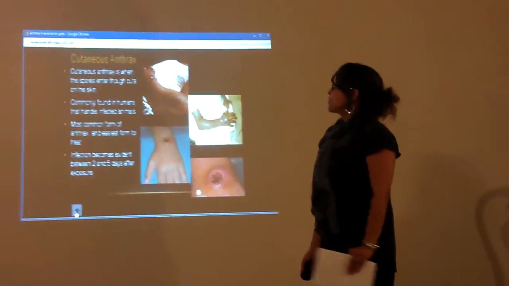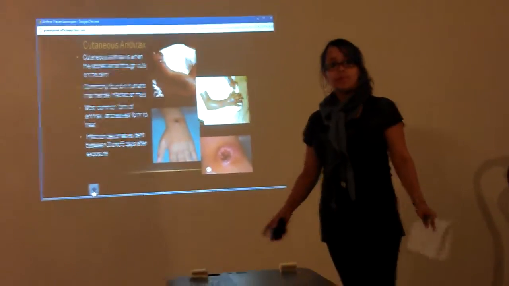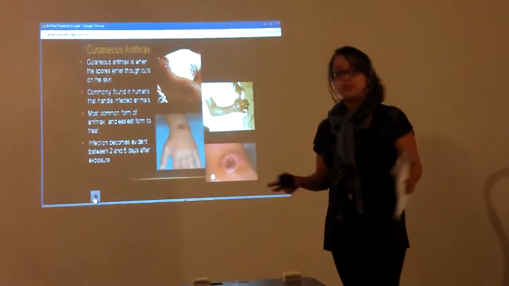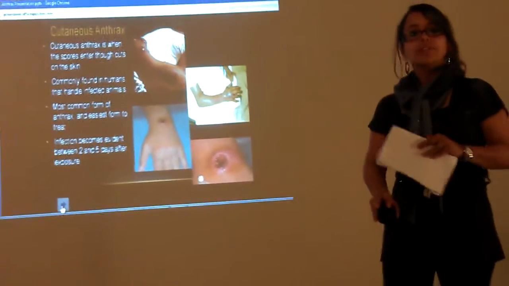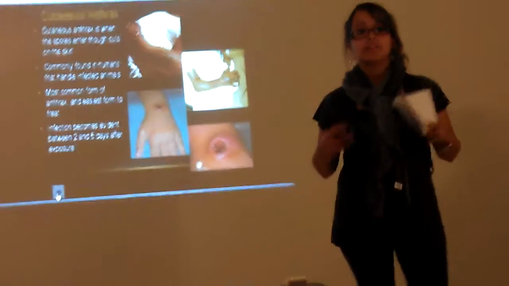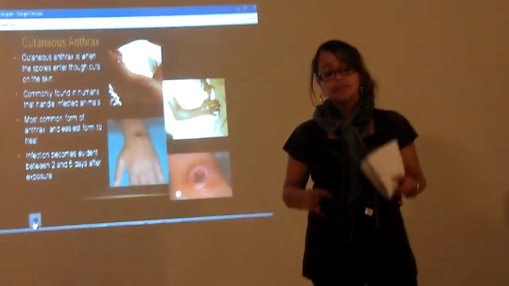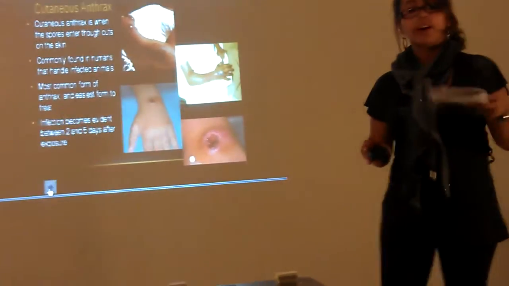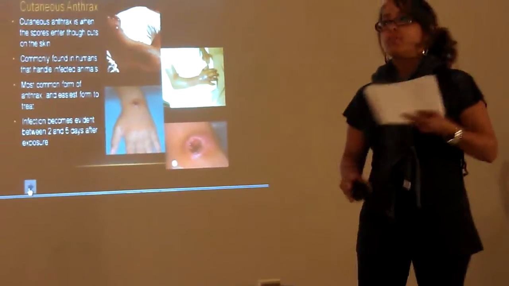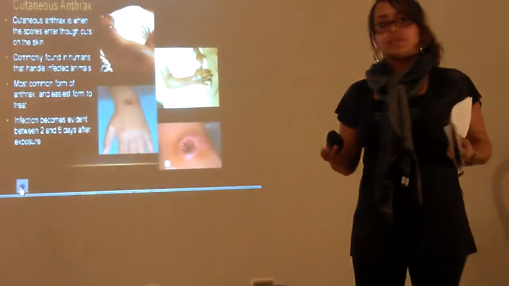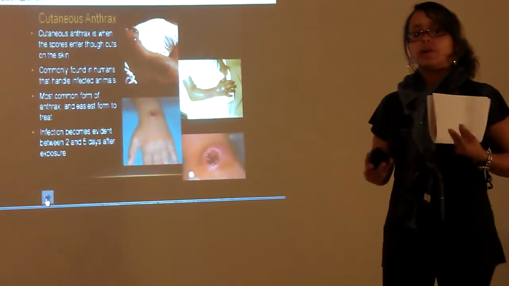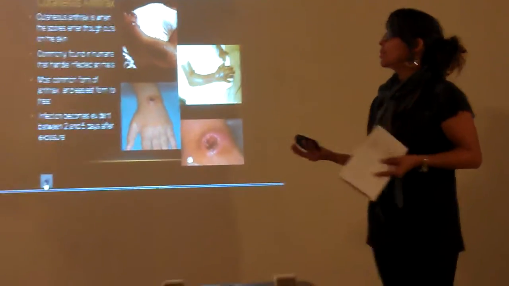Cutaneous anthrax, which is our prime example when we talk about anthrax, is what we think about, which is our lesions. If a person is in contact with anthrax spores and they have a cut or any kind of wound on their hand or arm, and those spores get into that, we start seeing bacteria developing, and we start seeing blisters.